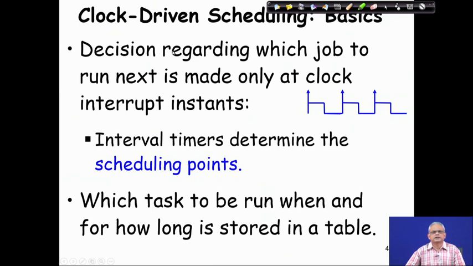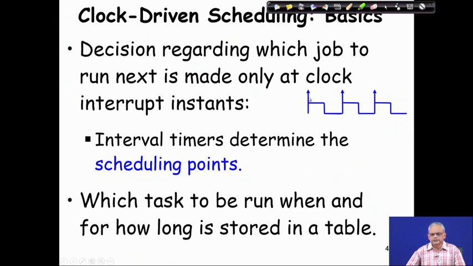Now, let us look at slightly more sophisticated clock driven schedulers. So, in all these clock driven schedulers, the clock interrupt comes at regular intervals. On the rising edge of the clock the interrupts come, and as soon as the clock interrupt comes, the scheduler becomes active.